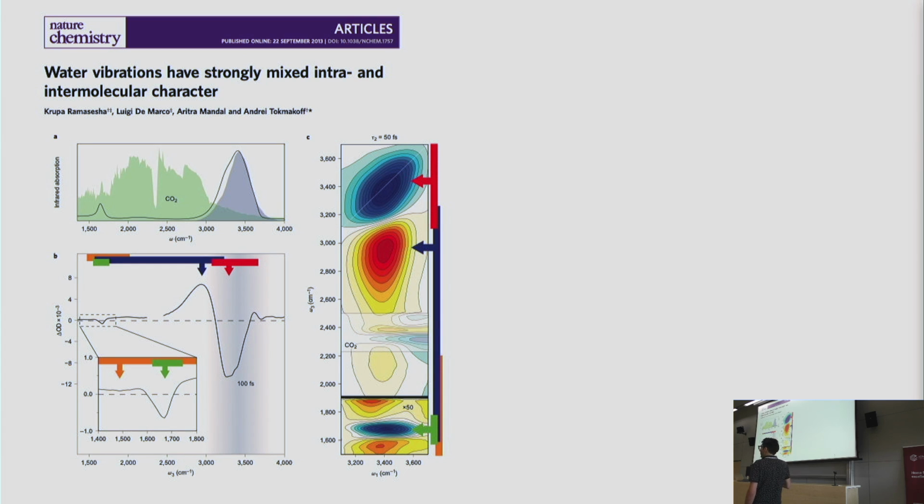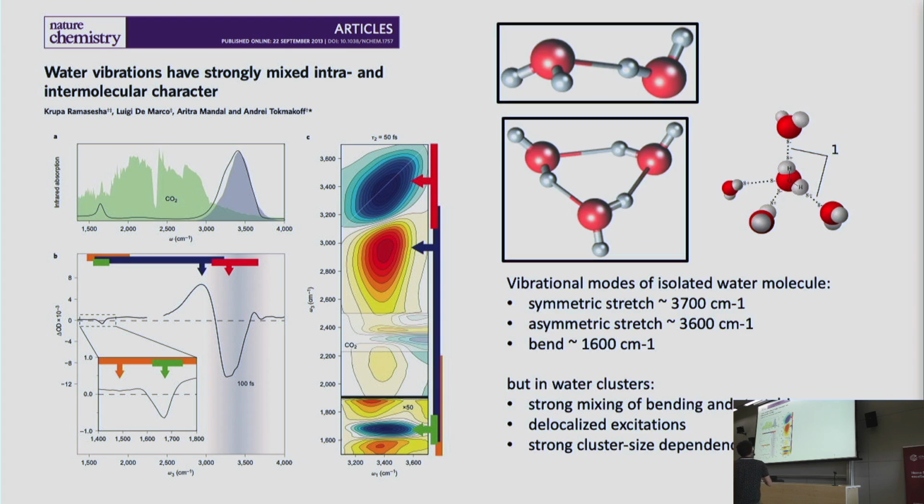Because after we wait some time and then we come in with another pulse, you can see that the response stretches from 1600 to 3600 inverse centimeters. So that's a huge part of the infrared spectrum. And why does it happen? Well, because we are looking in the liquid phase. And in the liquid phase, we have many different clusters of many different sizes of water.